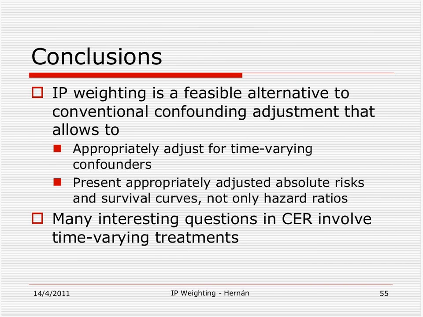So to finish, IP weighting is an alternative to conventional adjustment for confounding that allows us to adjust for time-varying confounders without bias, and also has some side advantages, like the fact that we can now present a standardized curve rather than a hazard ratio. And if you think of this, most of the questions in comparative effectiveness research are about time-varying treatments.